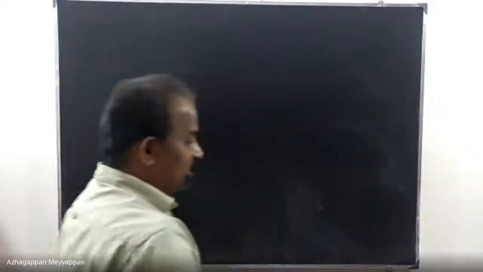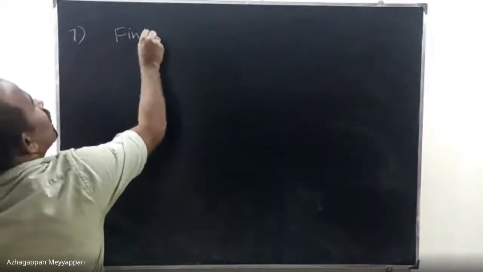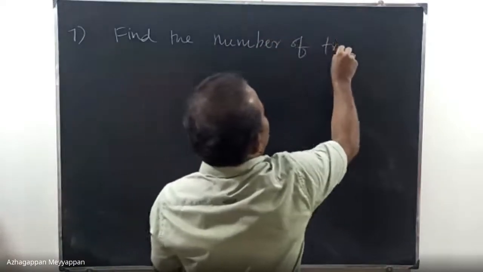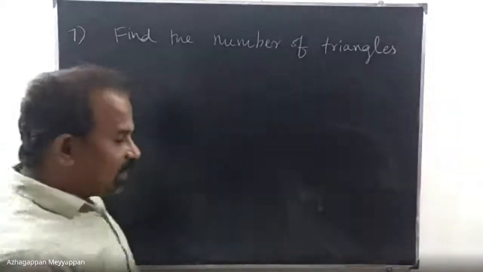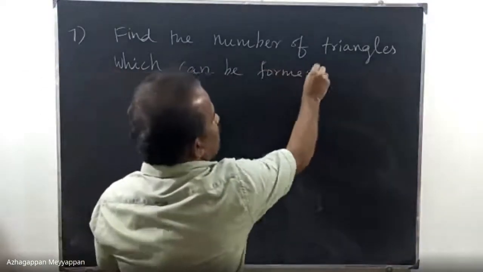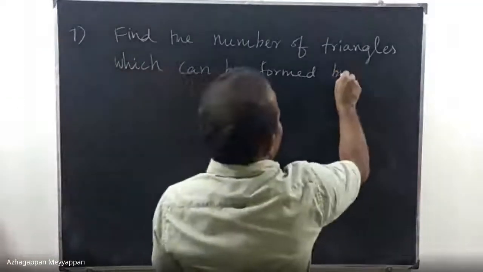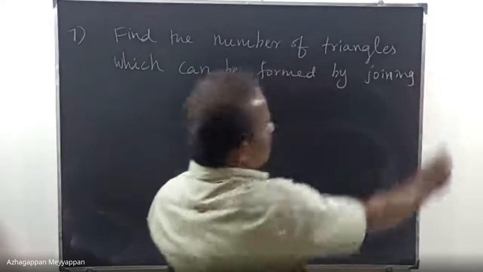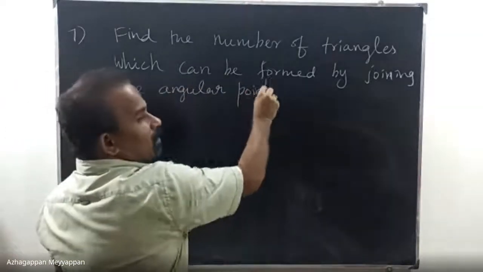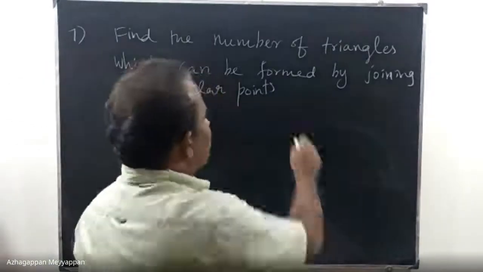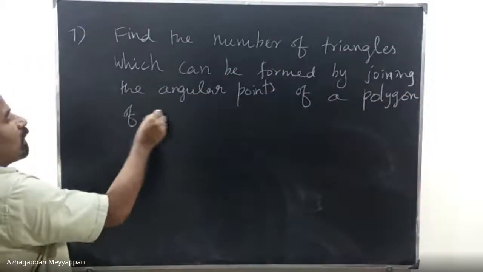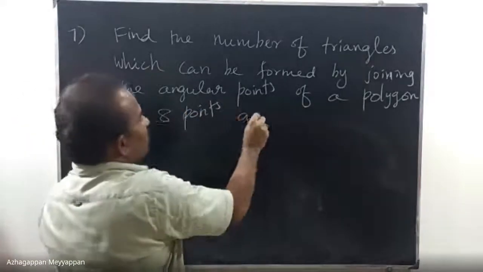Then question number 7 is, find the number of triangles which can be formed by joining the angular points of a polygon of 8 points as vertices.